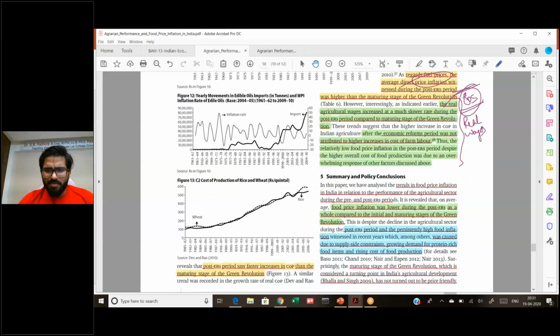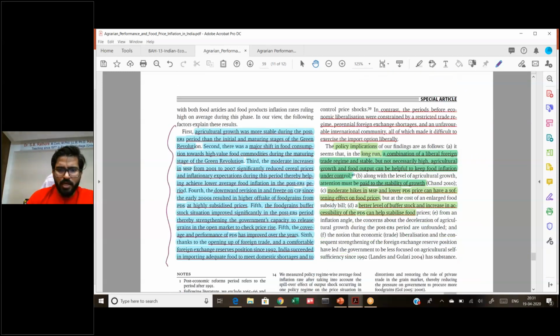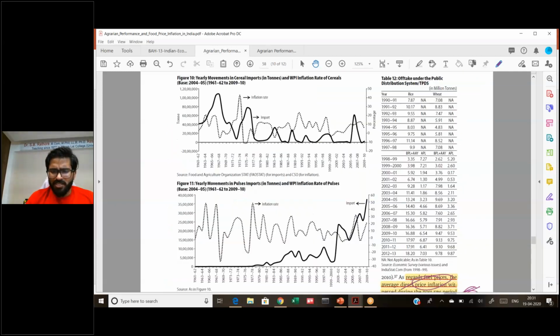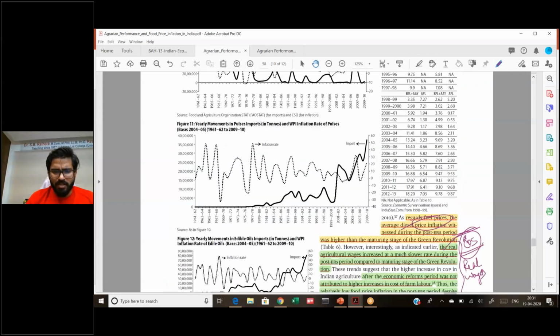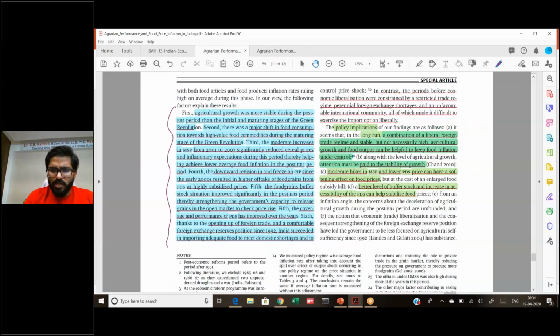So what's the summary? The summary is all these 6 points that we have already discussed, which are given here. And what are the policy implications?